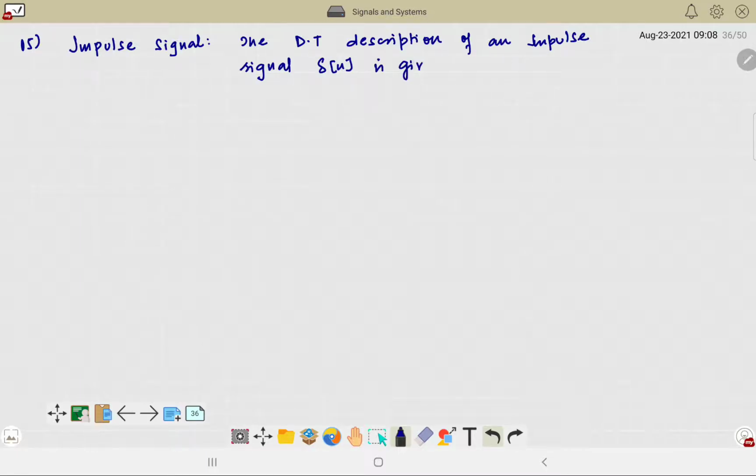It is given as delta of n is equivalent to 1 for n is equivalent to 0, and for all the other points it is equivalent to 0, right?